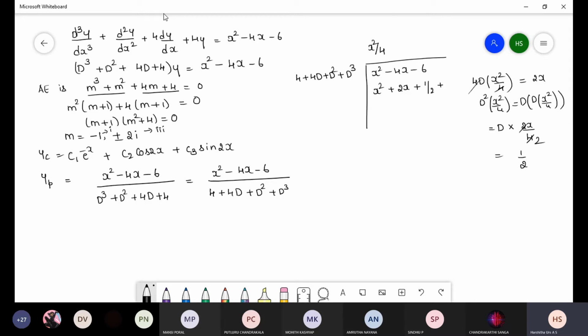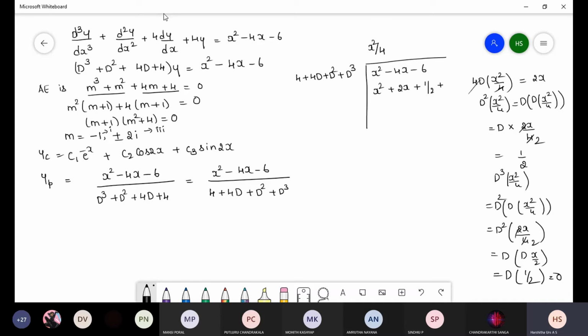Next, d cube of x square by 4. So d into d square into d into x square by 4. So d square into 2x by 4, so d into the differentiation of x by 2, that is 1 by 2.